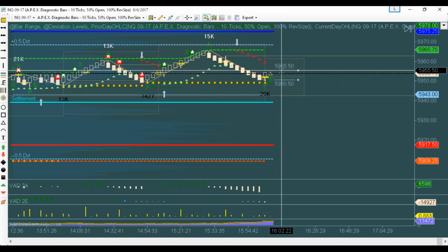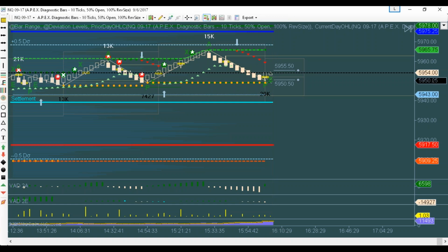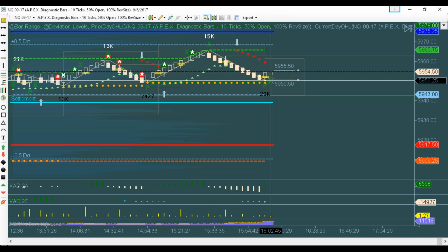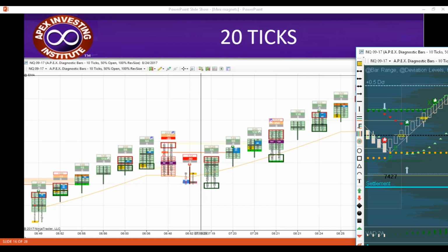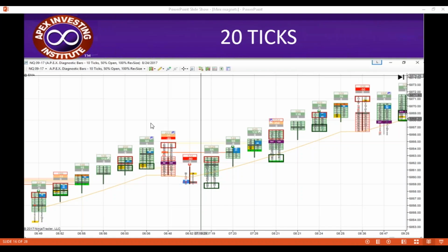It can go to that number, and if it makes 1 more tick, it'll make a new bar. If it goes right to that number and then retraces, that can be a wick. Okay, and basically what you're looking at there, to answer your question, is the way that the diagnostic bars form. The biggest wick you'll have is about 9 ticks. Okay, just to keep it simple. Okay. All right, so does that make sense?